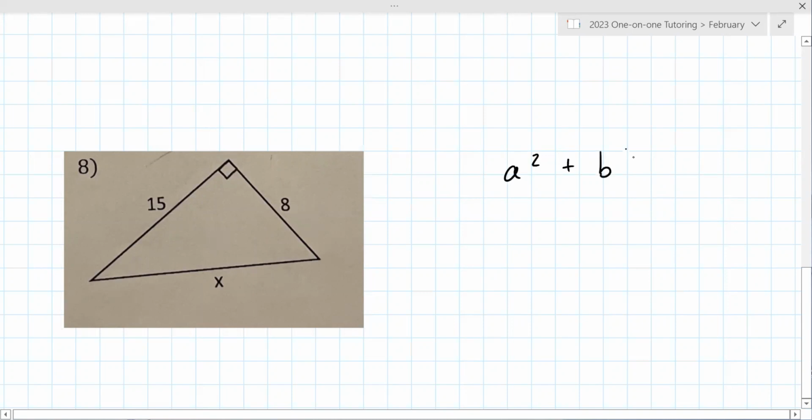A squared plus b squared equals c squared. A and b are the legs. They're the ones that are next to the 90-degree angle. So this is 15 squared plus 8 squared equals c squared.